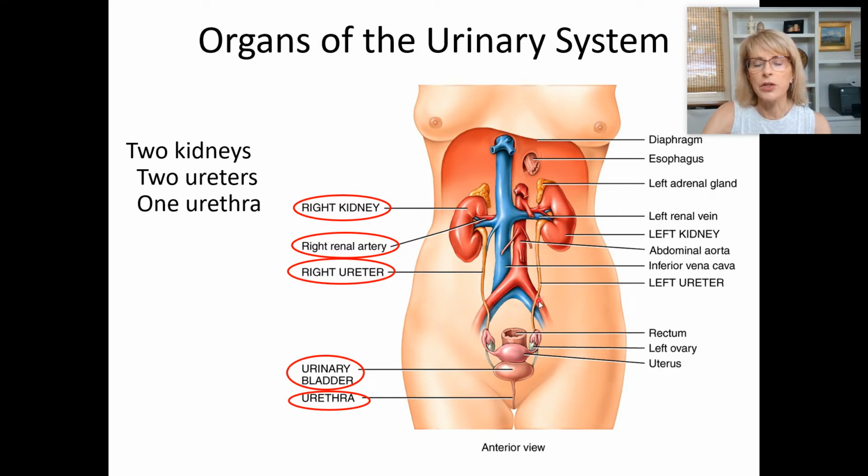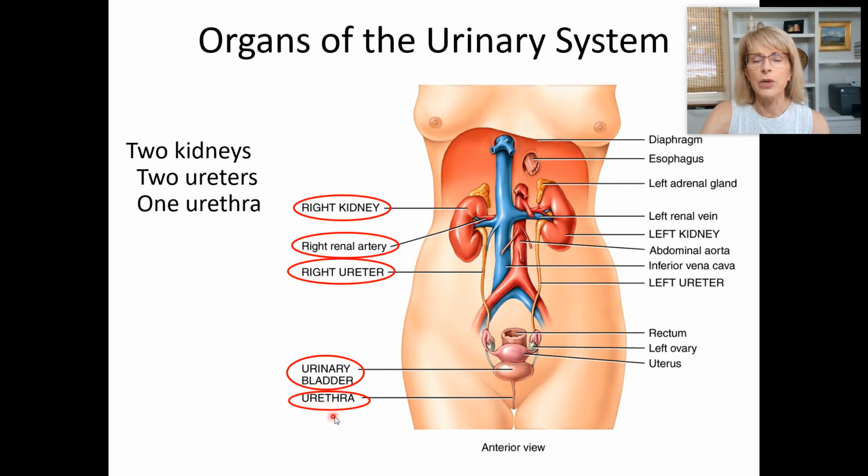This is the left ureter, and the ureter is the tube that carries urine from the kidney down to the urinary bladder. The urinary bladder is the organ that's going to store it, and when it's time to get rid of that urine, it will leave your body through a tube called the urethra.